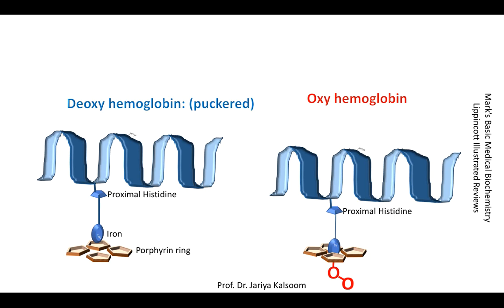So when oxygen binds on the other side of the ring, it pulls the ferrous iron back into the plane of the ring. The pull of the oxygen binding moves the proximal histidine towards the porphyrin ring, which moves the helix containing the proximal histidine. This conformational change has no effect on the function of myoglobin.